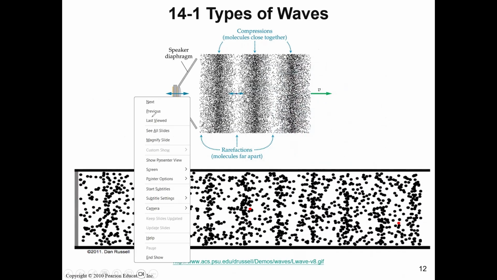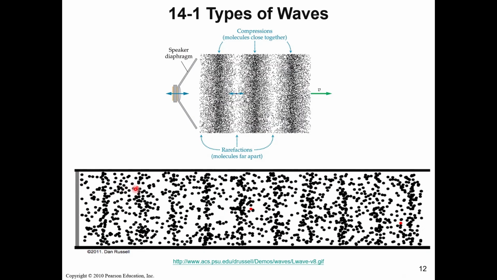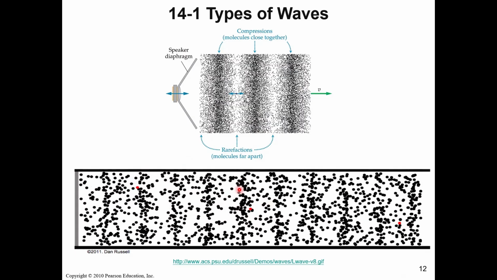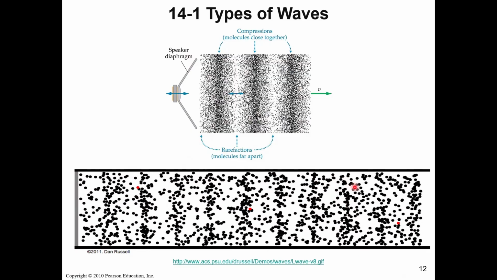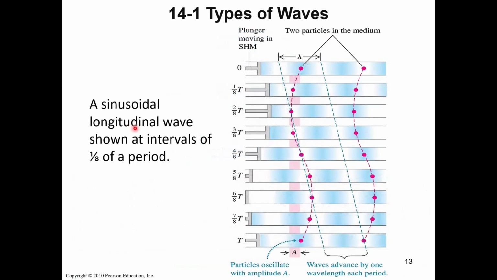So you can see that this red particle is moving back and forth, but only around its original position, right? But this whole wave, this peak of high density regions, will move towards the right at a given speed. So there is a speed of the wave propagating towards the right. And because those two directions are parallel, this is a longitudinal wave.